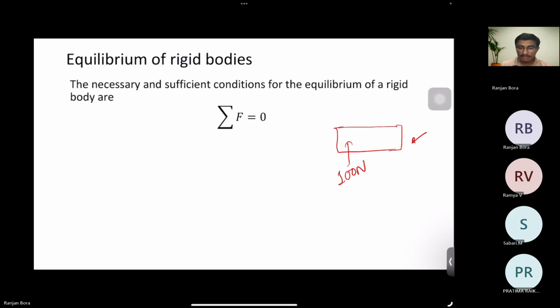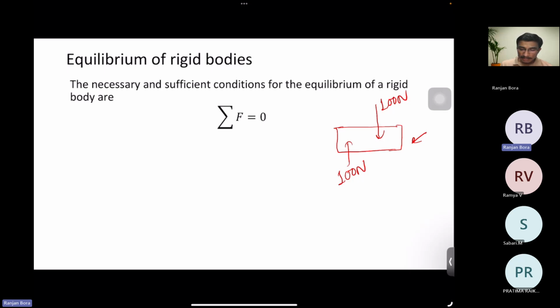No, it is not in equilibrium because there is a resultant of 100 Newton force in the vertically upward direction. So to balance out this 100 Newton force, there should be one extra force which should act vertically downward, of the same magnitude, 100 Newton.